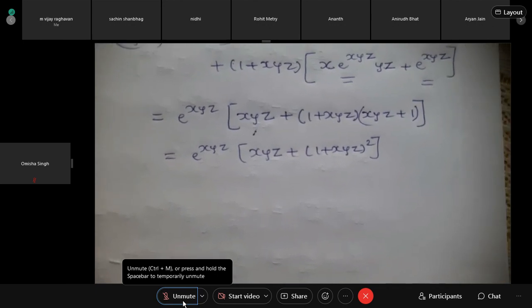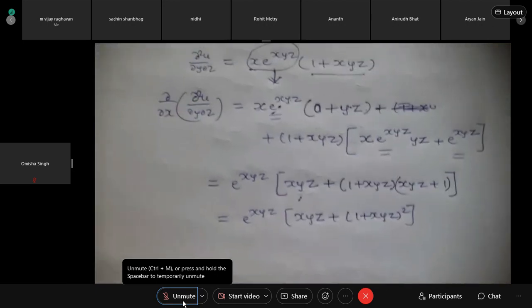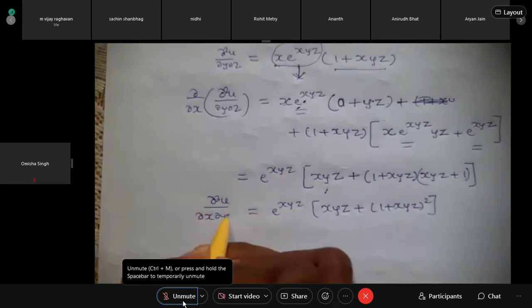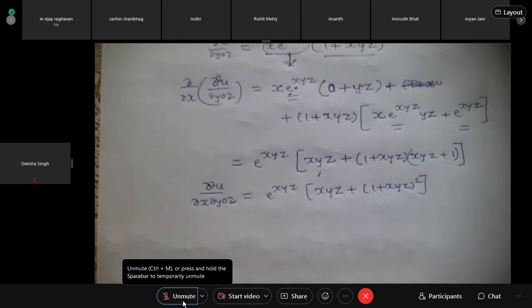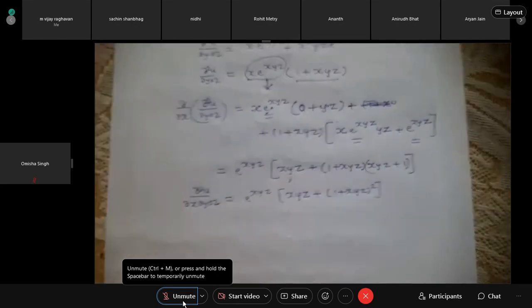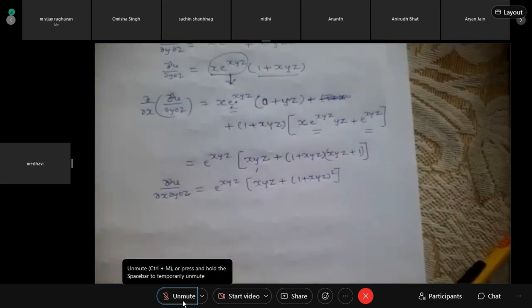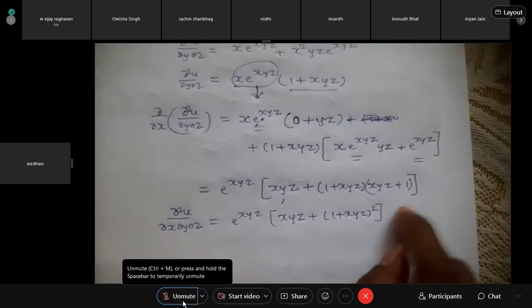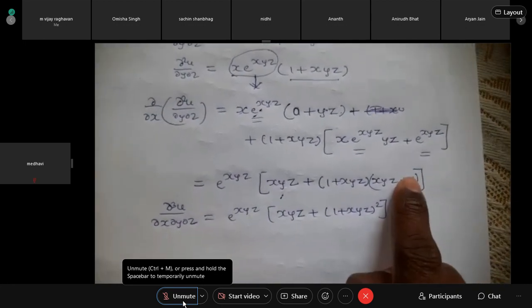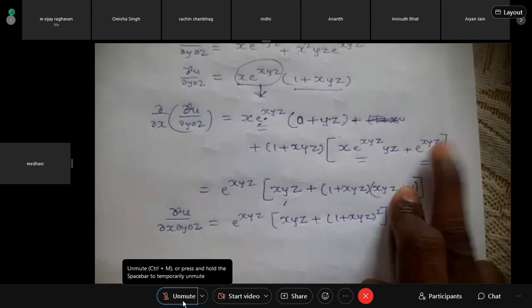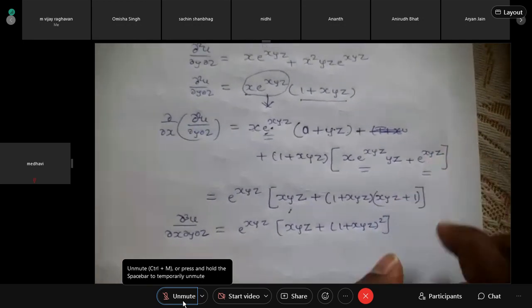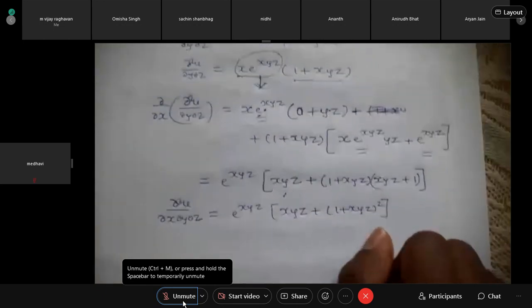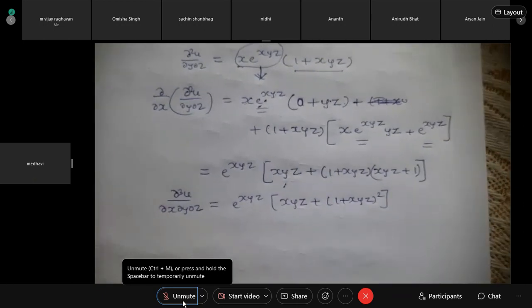But since they have not asked us to prove anything, just to get the third order derivative of the function, we have obtained it. Sir, is it okay if I leave the answer at the last step and not simplify further? Yeah, I can leave there, no problem. If at all they don't ask you to prove anything, you can leave. Okay, thank you, sir.